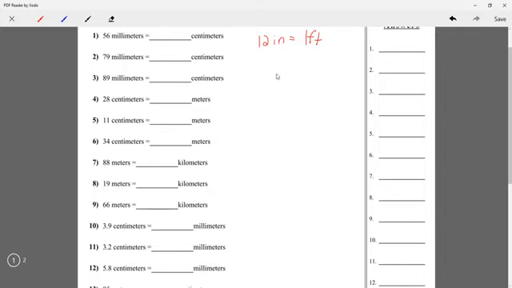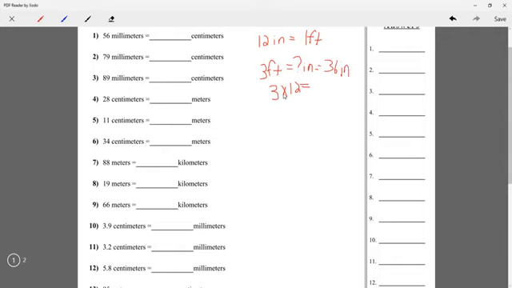Now, if I'm going to say 3 feet equals how many inches, okay, so we can think about it like this. 3 feet equals how many inches? Well, there's 12 inches in each foot, so I have to do 3 times 12, which equals 36 inches, okay?